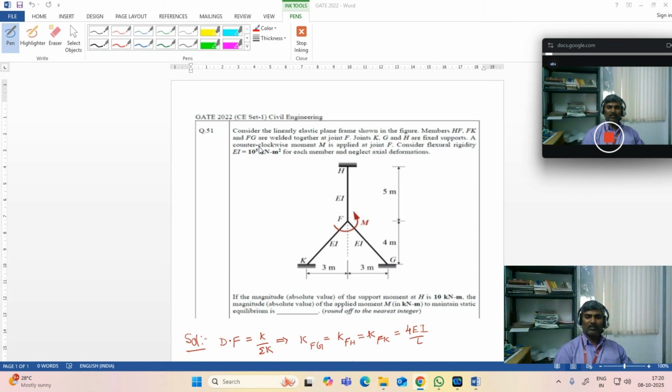This is one such model question that appeared in 2022. It is related to structural analysis. The question you see here: consider the linearly elastic plane frame shown in the figure.